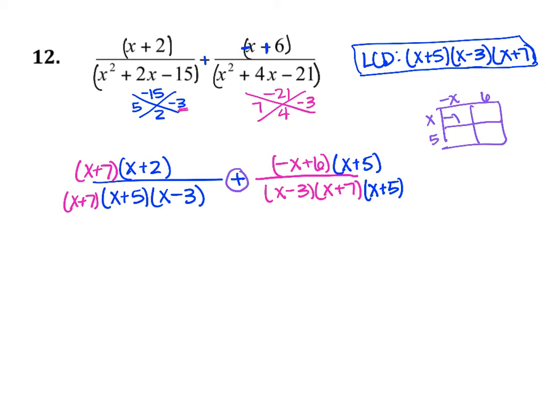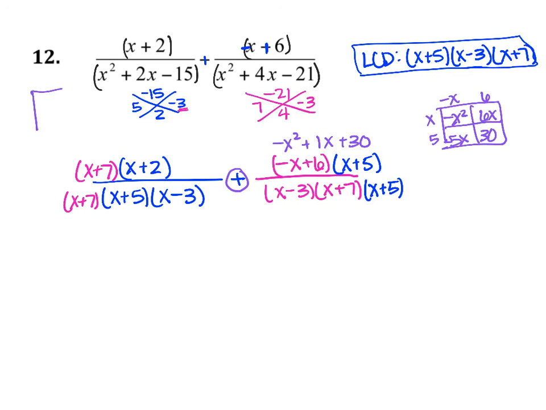Right, I get negative x squared, 6x plus 5x, so negative x squared, 11x, and then, oop, wait a minute, 6x minus 5x is only 1x, and then plus 30.